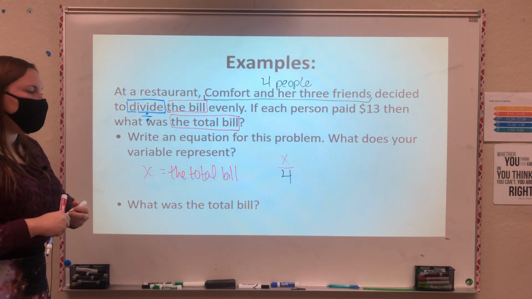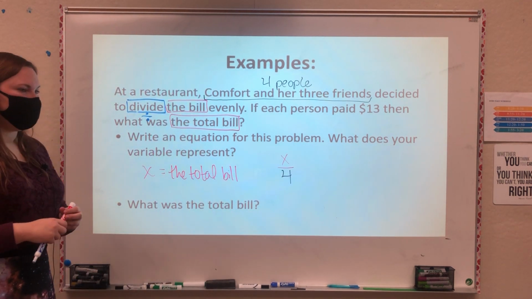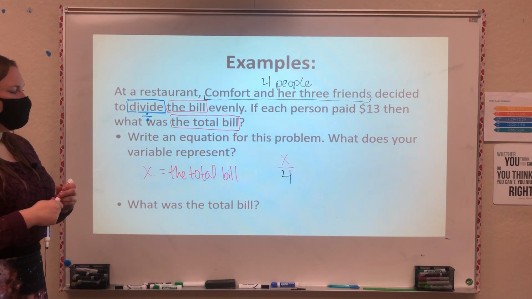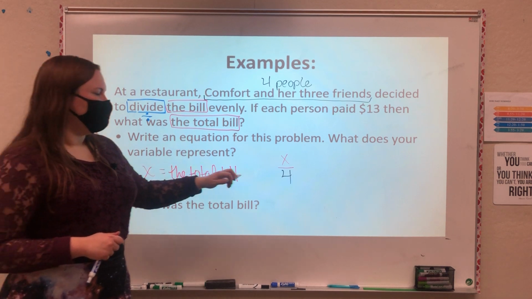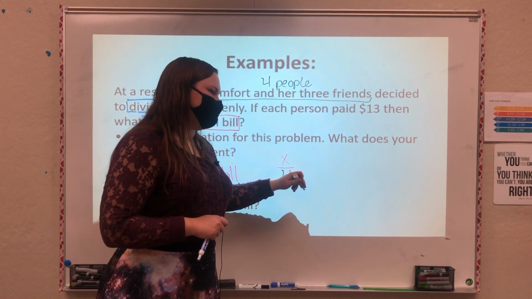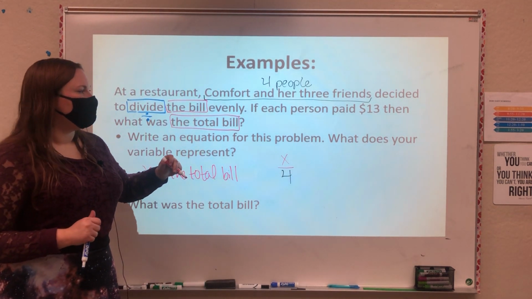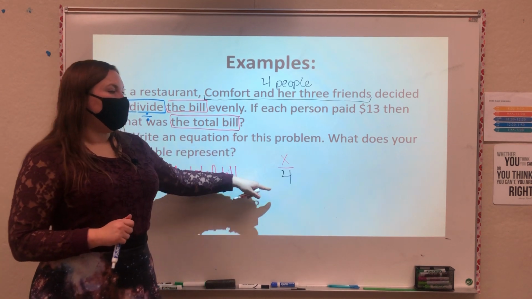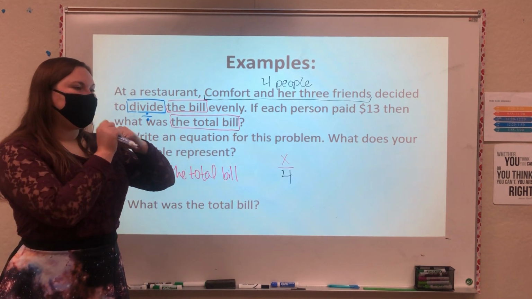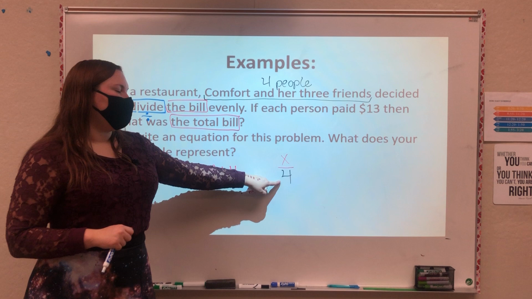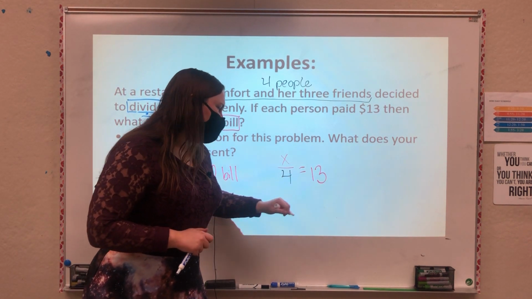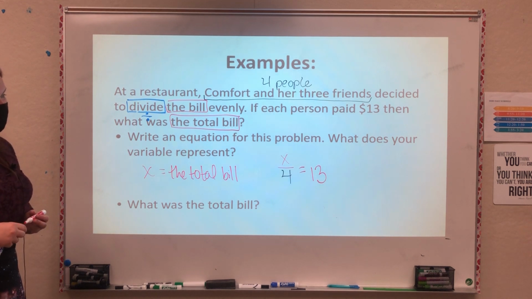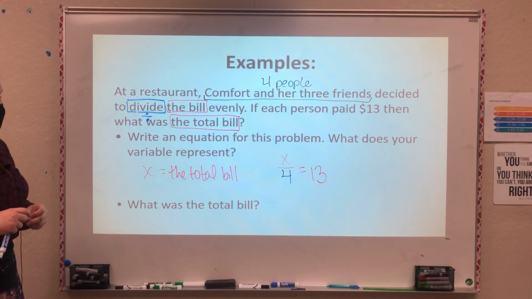And when you divide that total bill by 4 people, what's the rest of my equation? Oh, this isn't an equation yet. We need more. When you divide that bill by 4 people, we know each of them pays $13. It equals $13 each. That right there is our equation.